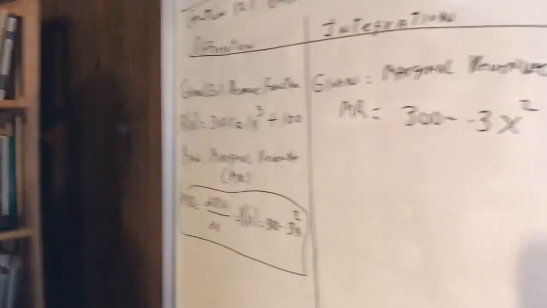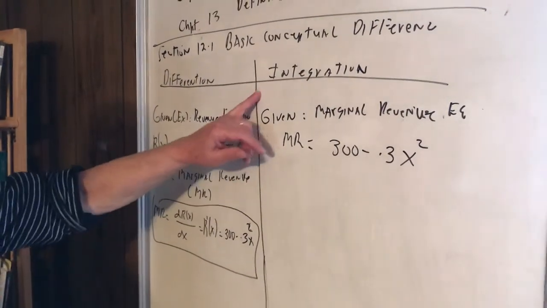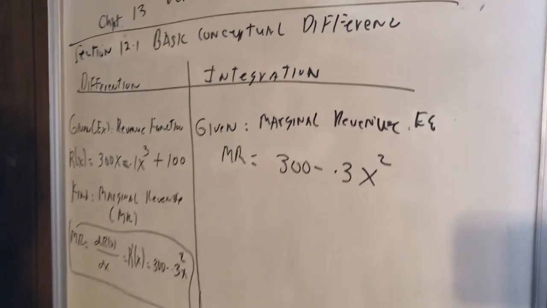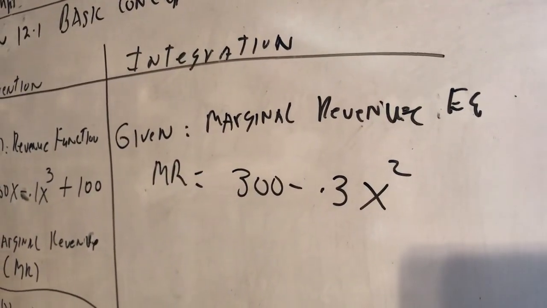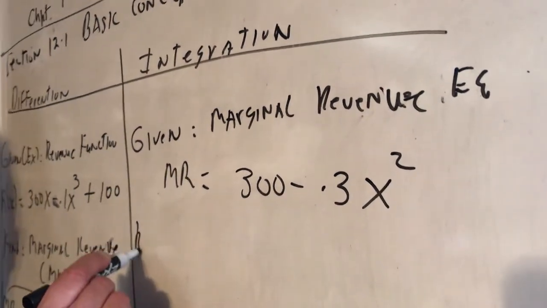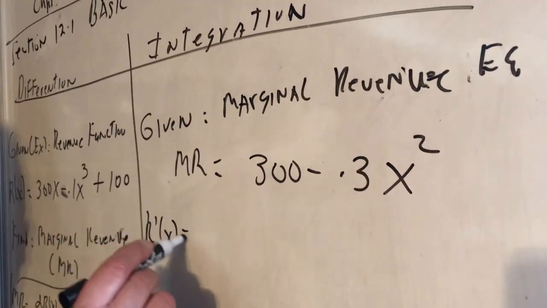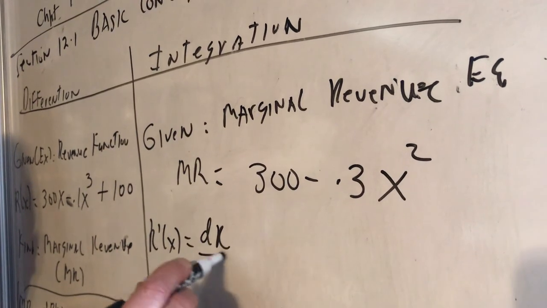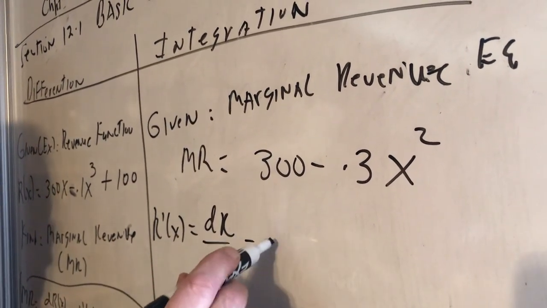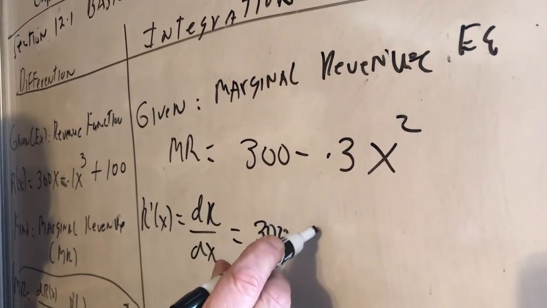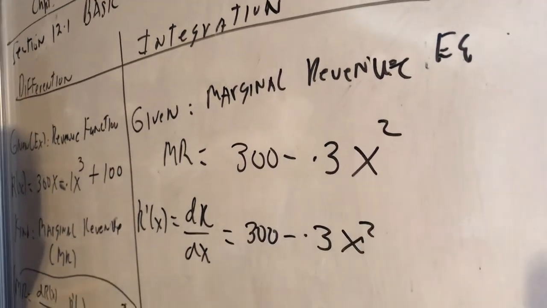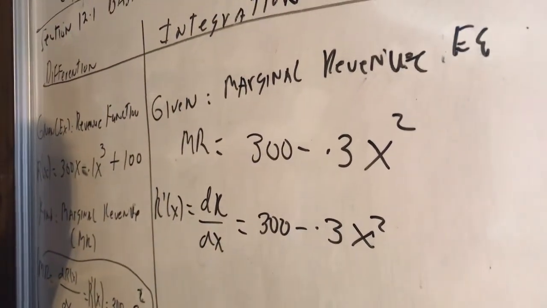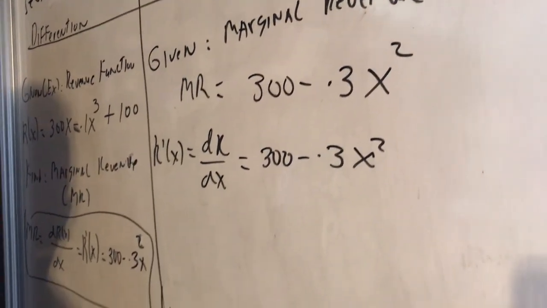The point is, what's the difference? If I'm dealing with integration, somehow, some way, I know the marginal revenue. It's given to me. Now, what is the marginal revenue? Well, the marginal revenue is the first derivative, or dR/dx, and what do I want to find? I want to find the original function.